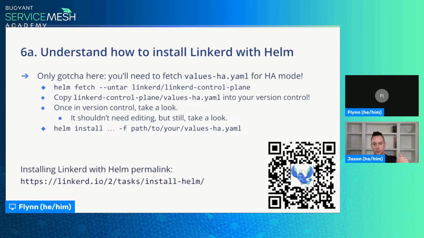That is multiple replicas and anti-affinity rules, so that one node going down doesn't take out multiple instances of something like destination. As you mentioned earlier, it also gives us a policy across our cluster that won't allow pods to start if identity isn't available, which is pretty important if you want to make sure that everything stays in your mesh.